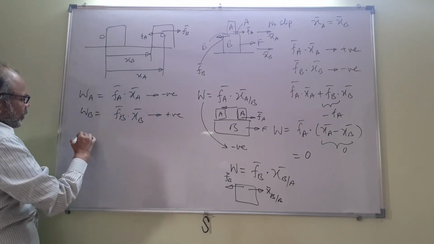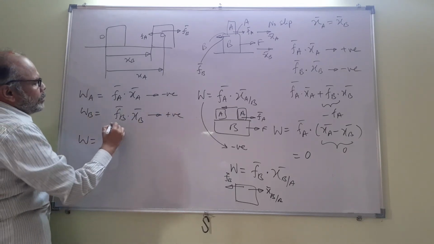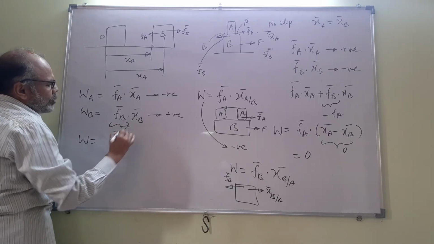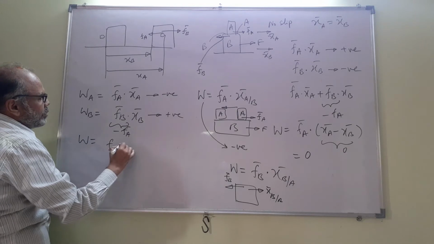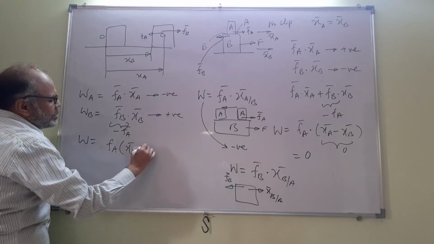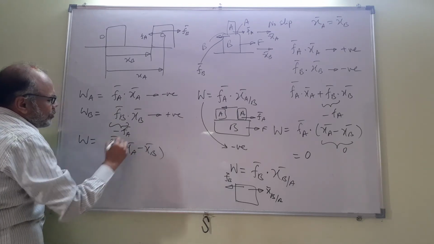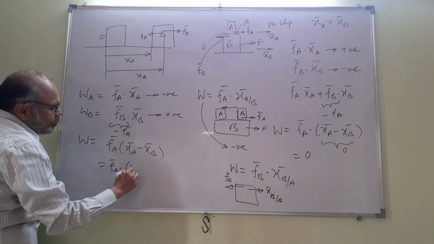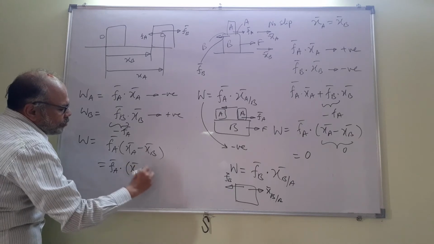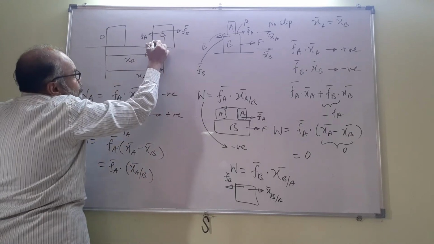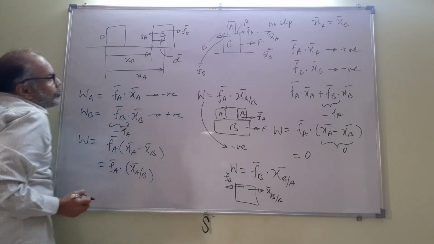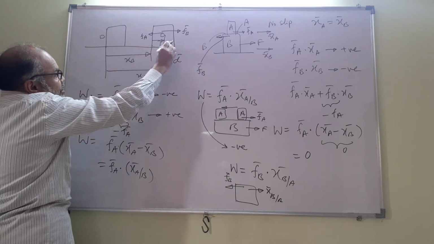What is the total work? If you add, let us substitute for Fb as minus Fa. So this would be Fa into Xa minus Xb, the same result we saw, dot product. So this will be Fa dot Xa with respect to B. A with respect to B, this is the displacement D. It is towards the right.